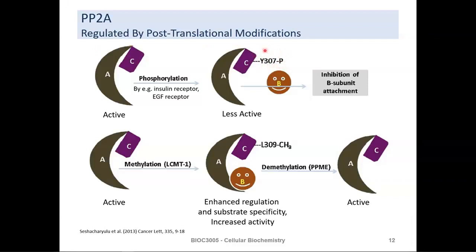When this residue is phosphorylated, it prevents the binding of the B regulatory subunit, and so reduces the activity of the phosphatase. In the case of methylation, where the lysine 309 is methylated, this enhances the B subunit binding, increasing the specificity and activity of this enzyme.